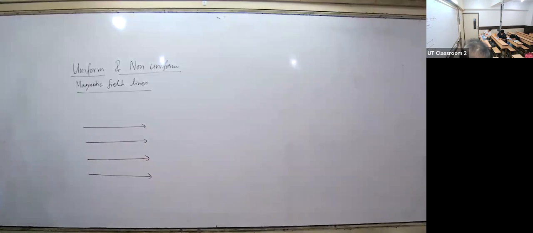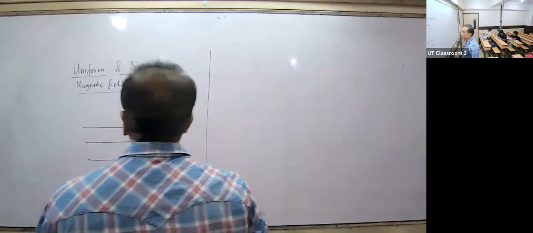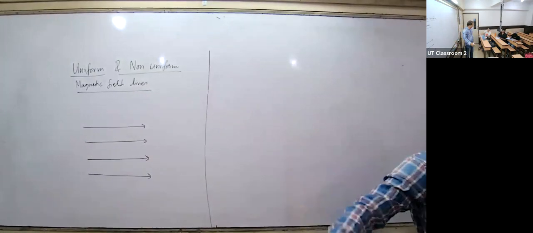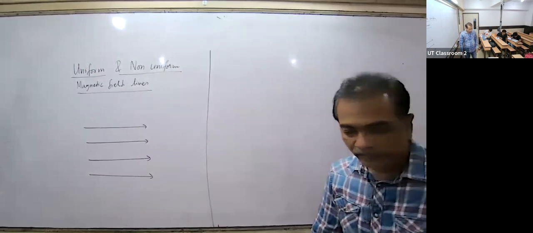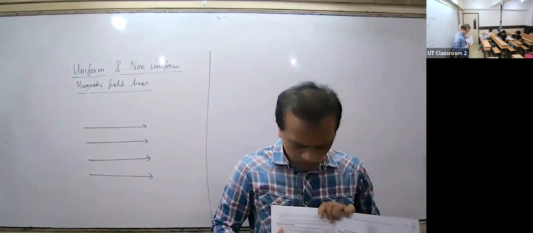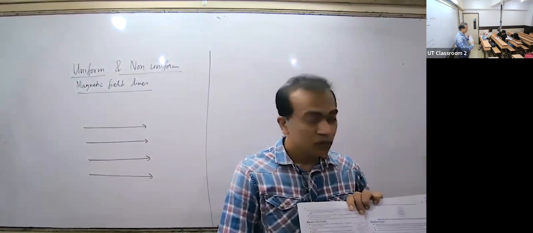Okay. So what about a non-uniform field line? So one which does not satisfy this is a non-uniform field line, right? So you can see here, this is a uniform field line.